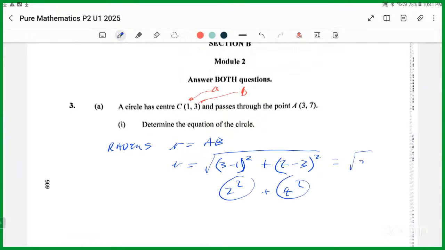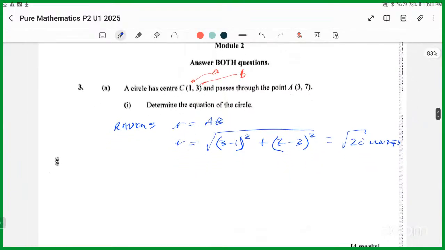Square root of 20 units is the length of that. Very easy paper. And since you know the a, the b, and the radius, the equation of the circle is x minus a squared plus y minus b squared equals the radius squared.